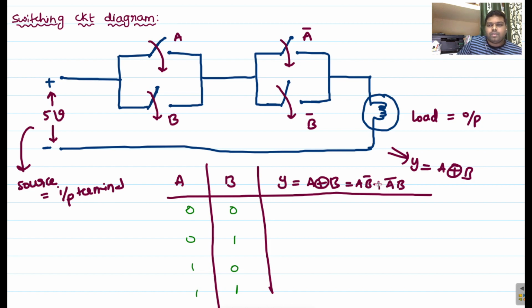But if you observe this particular diagram, here we have 4 switches. Why am I considering 4 switches? In this logic expression, A XOR B, we have actually only 2 variables, but here we are considering complementary variables as well as uncomplementary variables. That is the problem.